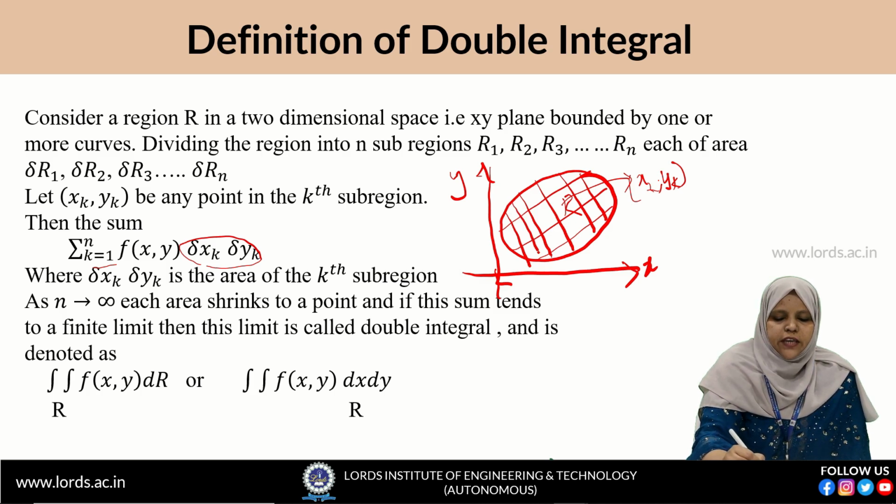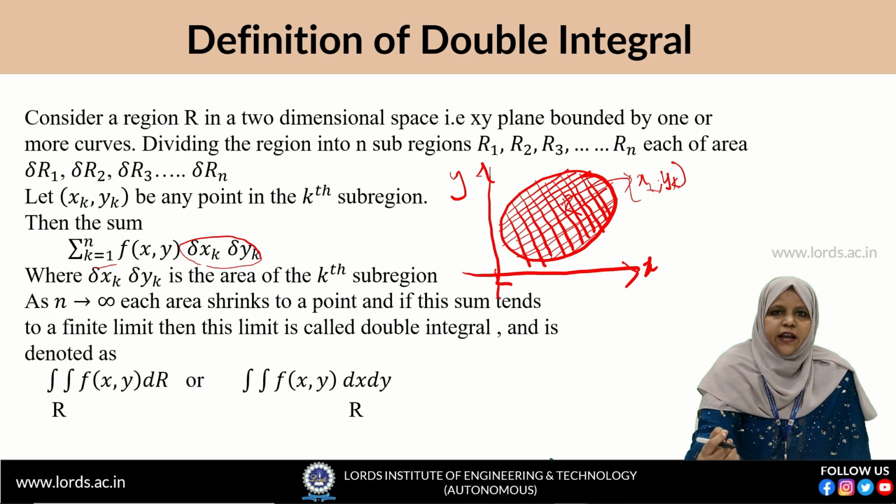If I keep on dividing these regions into an infinite number of parts, the area of each sub-region is reducing, and the area will shrink to a point. And if this sum tends to a finite limit, that limit we call a double integral.